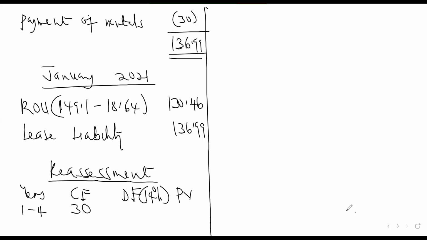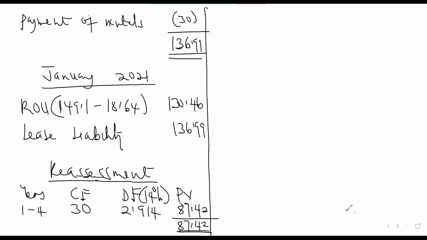14% annuity for 4 years is 2.914. If you multiply, what are you getting? $87.42.